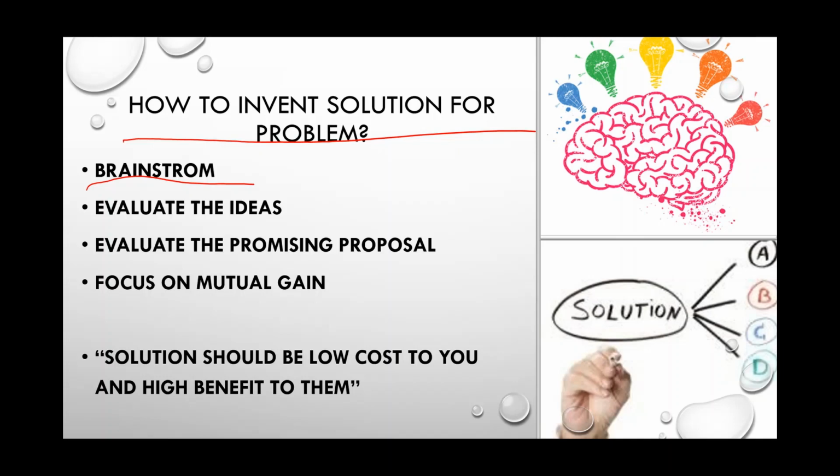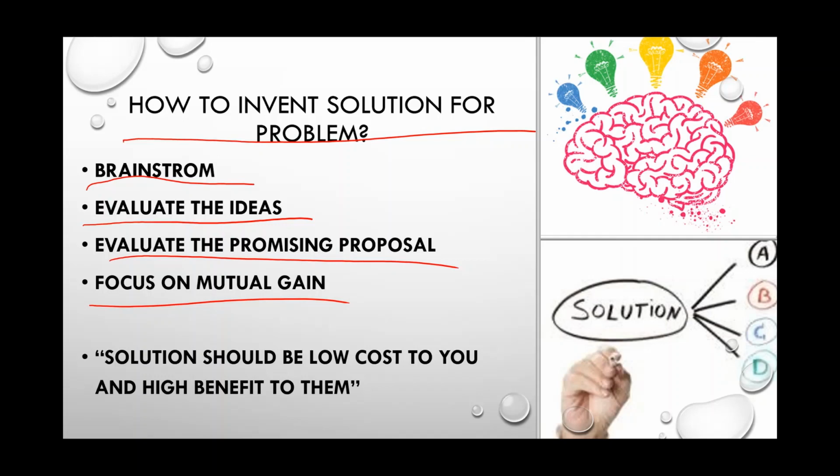Whatever solutions you have generated, you evaluate those solutions only. Don't focus on the other solution. And whatever solution you have generated, it should be promising, viable, or practically implementable.